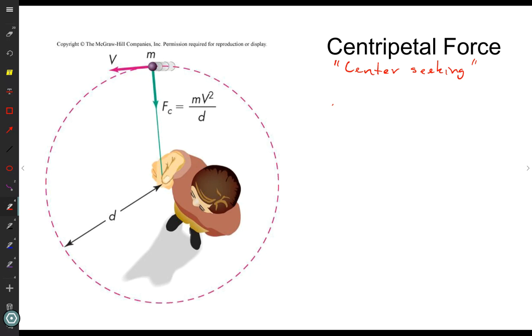In contrast to centrifugal, which means away from center. So centripetal and centrifugal are antonyms. They mean opposite things.